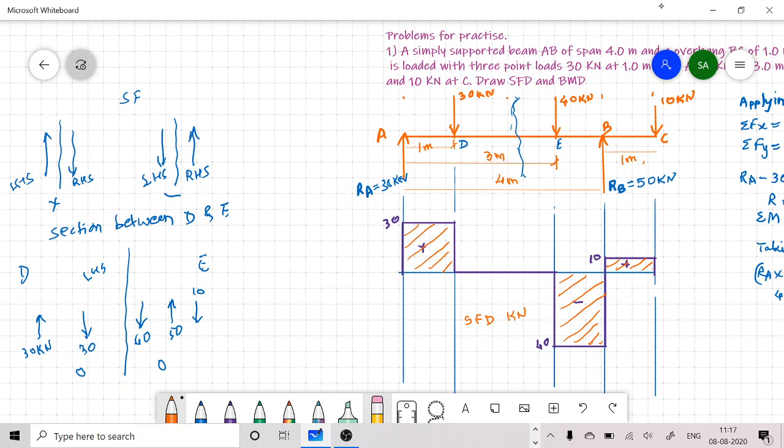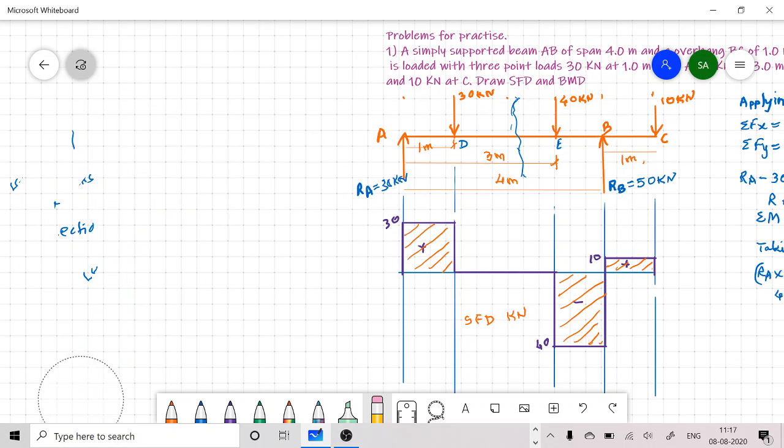Now, let us calculate bending moment at each section. For that, we will adopt the sign convention like this for bending moment diagram. Bending moment calculations. The sign convention is like this.